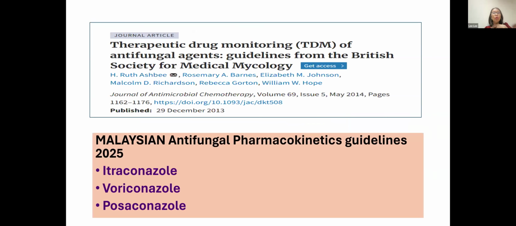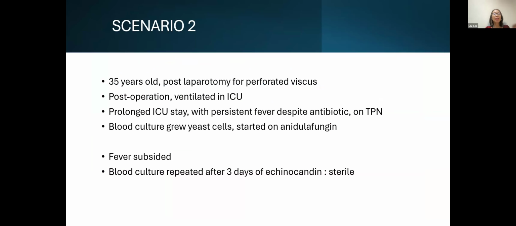We encourage you to monitor TDM if you are using itraconazole, voriconazole, or posaconazole as treatment for systemic fungal infections.